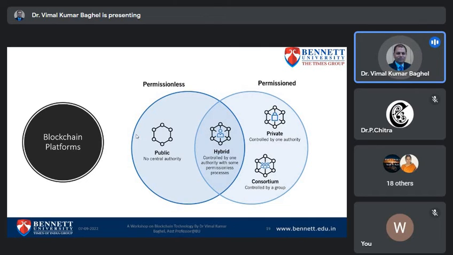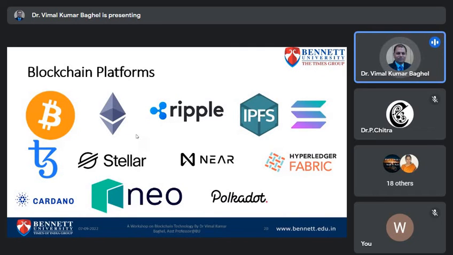Also, we have the consortium blockchain, where a group of companies or organizations come together and form the blockchain, and then it is controlled by the group. So there are different kinds of platforms that we can have, and these platforms are available nowadays in the blockchain space.